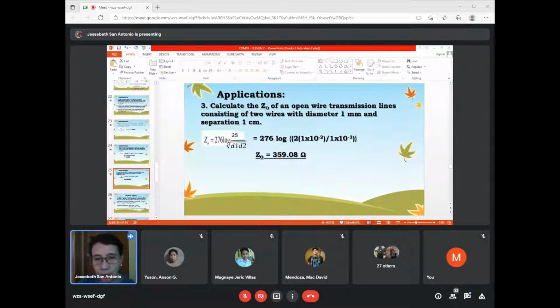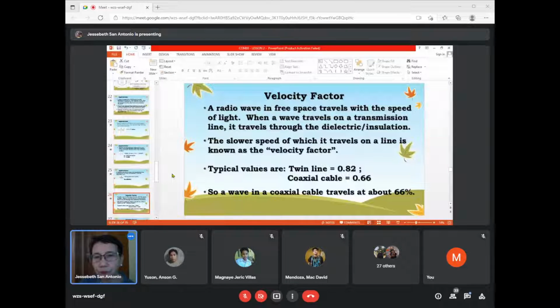So the first one is velocity factor. Velocity, speed. The velocity factor is actually the ratio of the velocity of the signal as it moves on the transmission lines and the velocity of light or the velocity of the radio waves in free space.